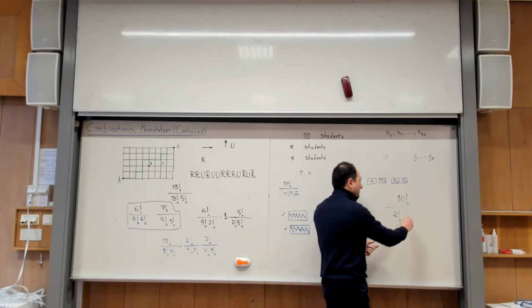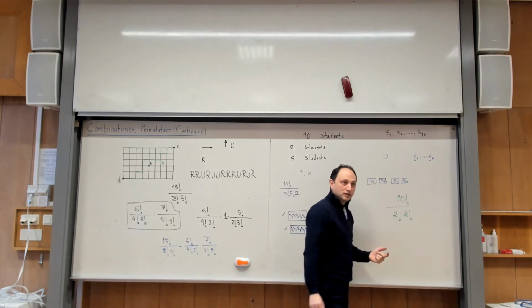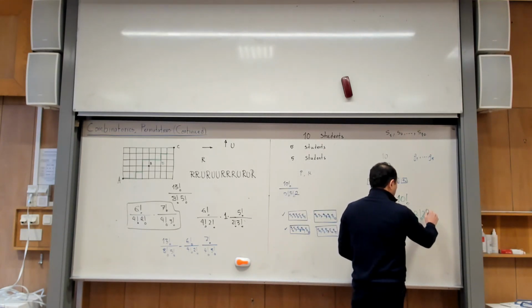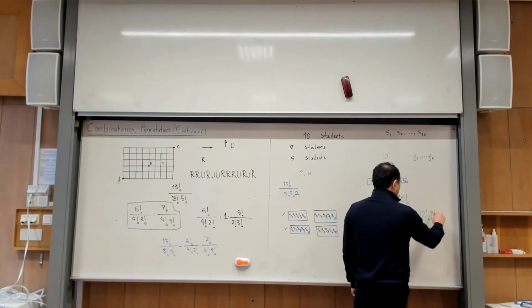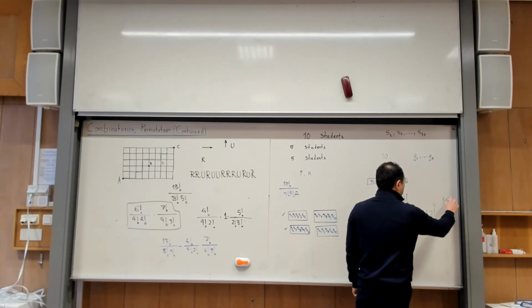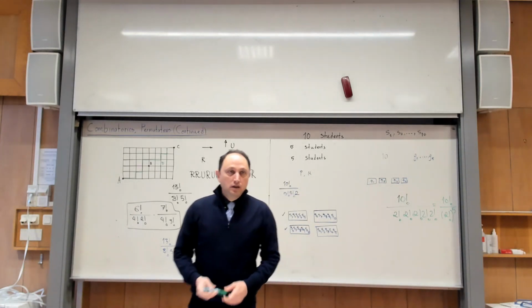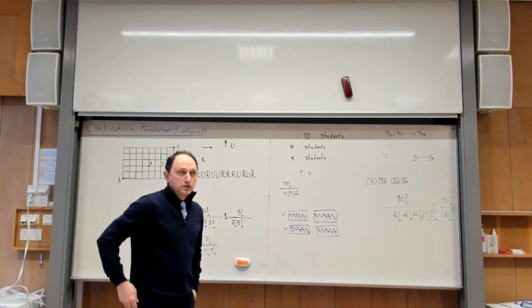And I have to divide by another 2 factorial because of the repetition of the next, and etc., the same thing. 1, 2, 3, 4, and 5. Of course, I would prefer to write it more compactly by writing this to the 5. That's it. So that's the answer.